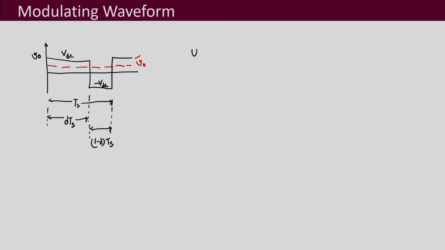So we can write this VO bar as equal to VDC into DTs plus minus VDC into (1 minus D)Ts, all divided by Ts.